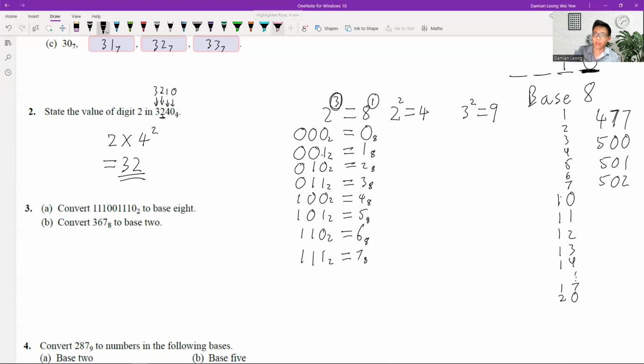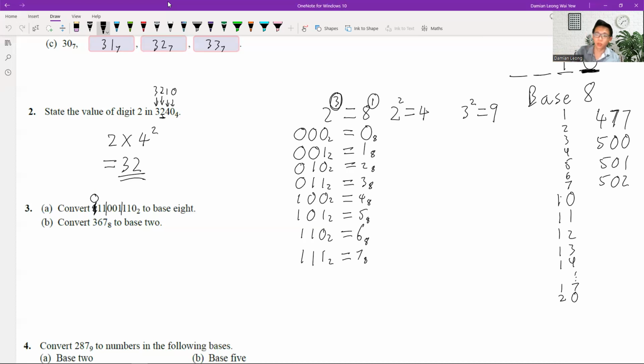So like I say, every 3 place values in base 2 is 1 in base 8. So I split 3 digits to convert base 2 to base 8. Split 3 here, 3 here, like this, 3, 3, 3. If, for example, this 1 doesn't exist, then I put a 0 in front to make it a 3 digit.